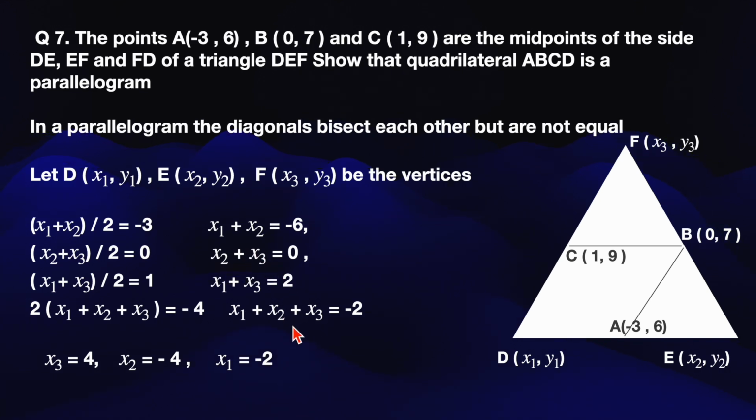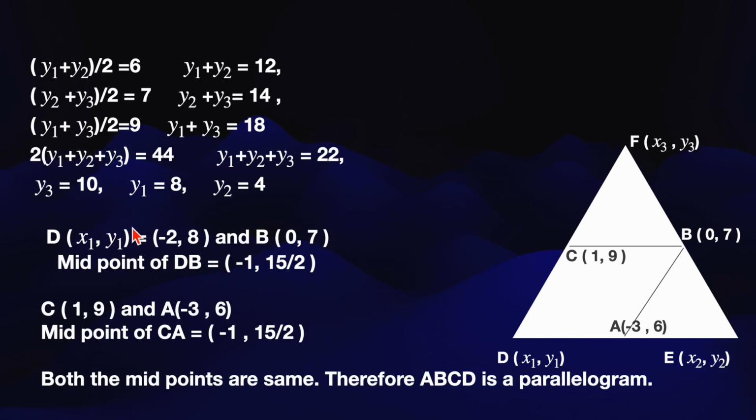Substitute this here. You will get the value of x1. Substitute this here. You will get the value of x2. So here we got these values. Similarly, do for the y coordinates. But we are mainly interested in x1, y1. We found the y coordinates also. x1, y1 is (-2, 8). So, we got these coordinates.